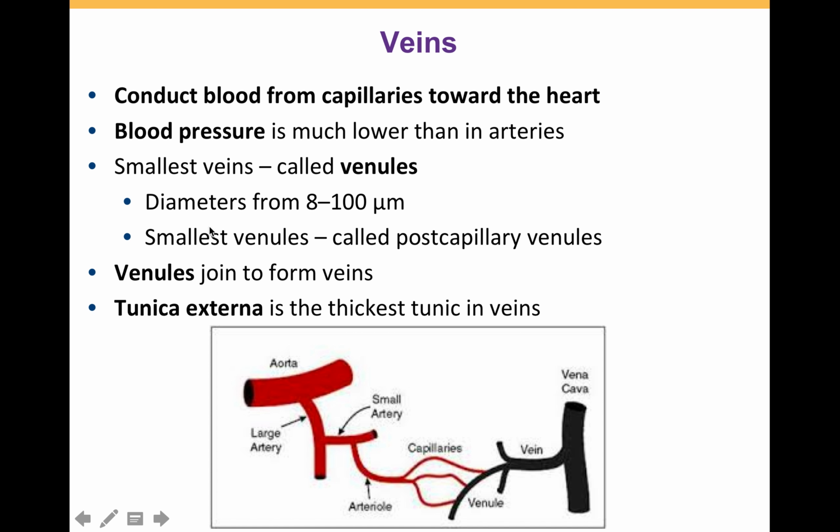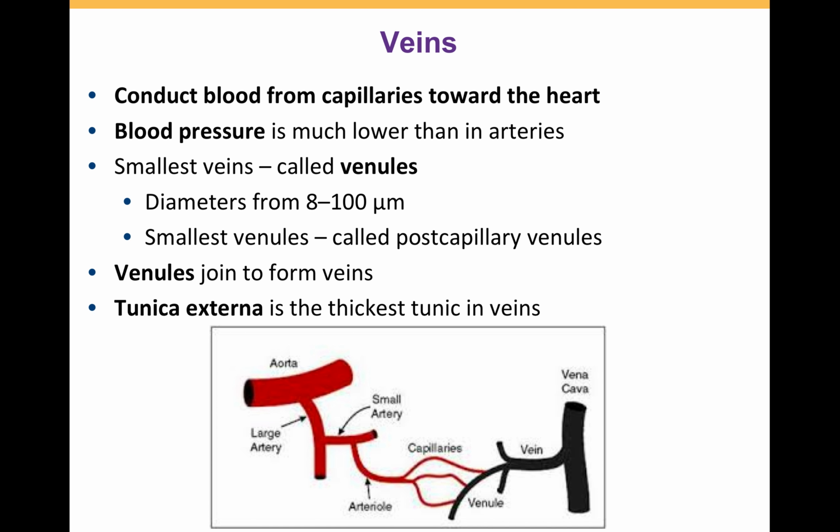But the reality is that the diameter of these blood vessels is larger than arterioles, because we learned earlier that veins typically have a larger lumen compared to arteries. This is very clearly represented if you compare the diameter of arterioles, which are about 10 micrometers, to the diameters of venules, which are between 8 to 100 micrometers. As you can see, venules are definitely larger in diameter.